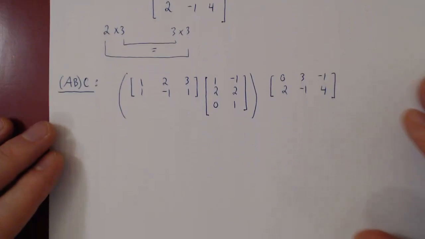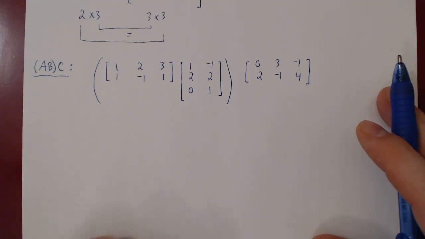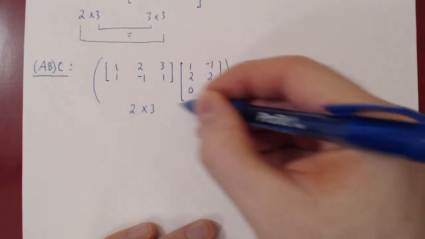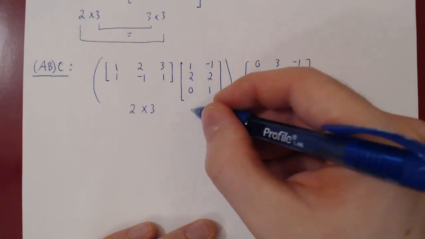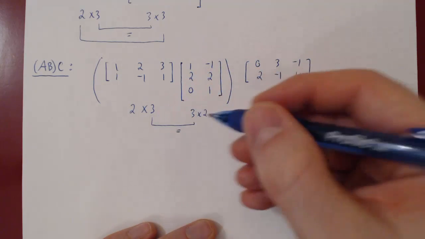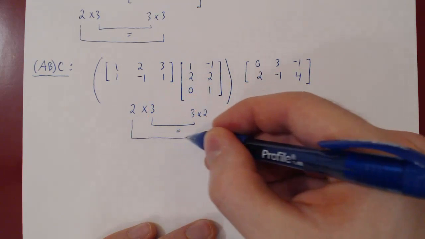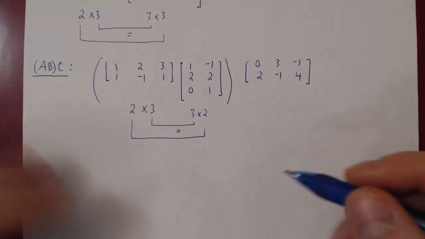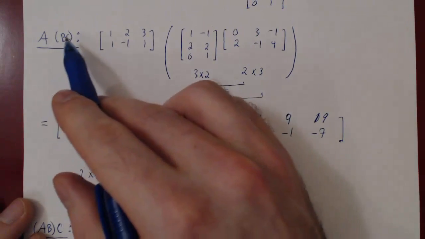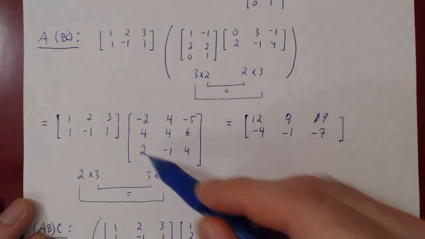Well, A is a 2 by 3 matrix. B is a 3 by 2 matrix. The multiplication is defined. The result will be a 2 by 2 matrix. And right away, this is interesting because when we did first B times C, what appeared was a 3 by 3 matrix.